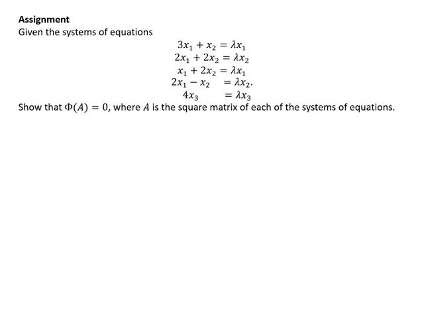So this is an exercise for you. Given the system of equations 3x1 plus x2 equals lambda x1, 2x1 plus 2x2 equals lambda x2, x1 plus x2 equals lambda x1, then 2x1 minus 2x2 equals lambda x2.